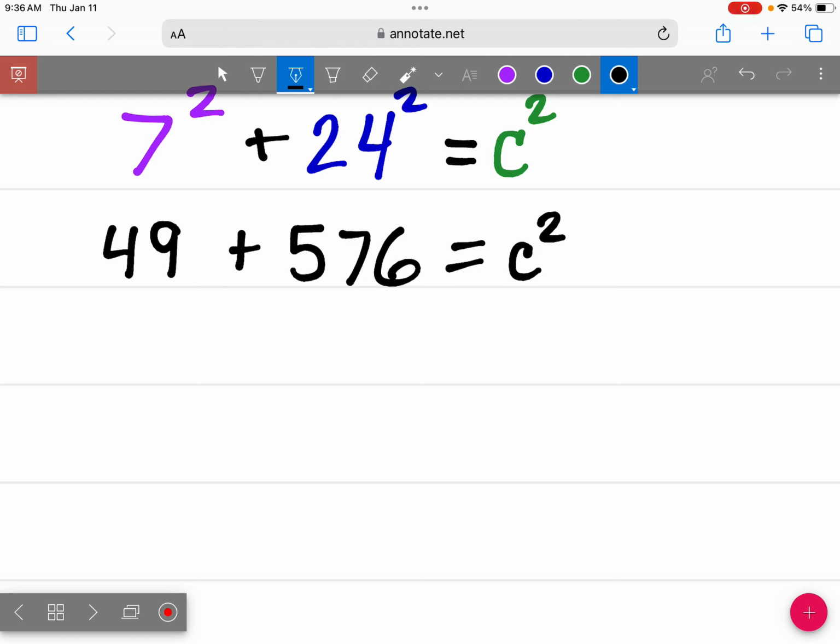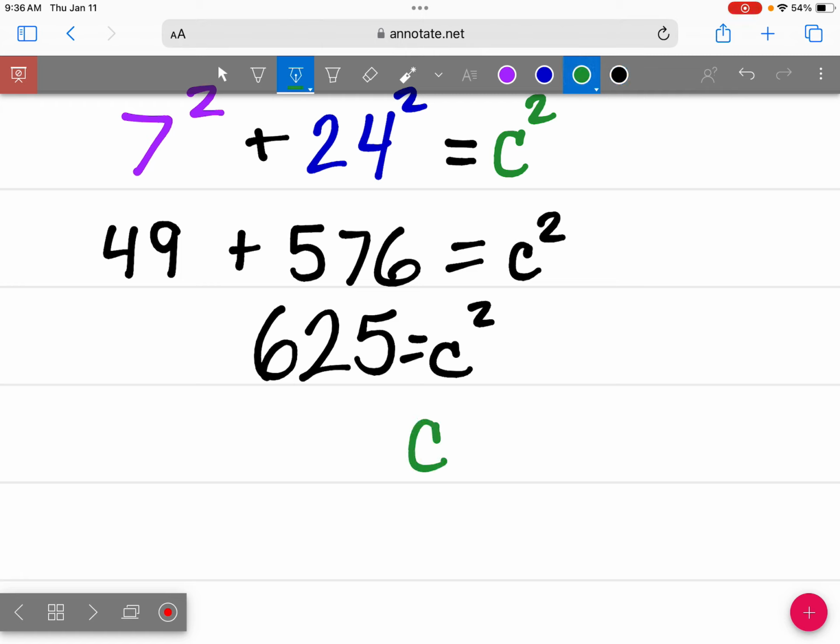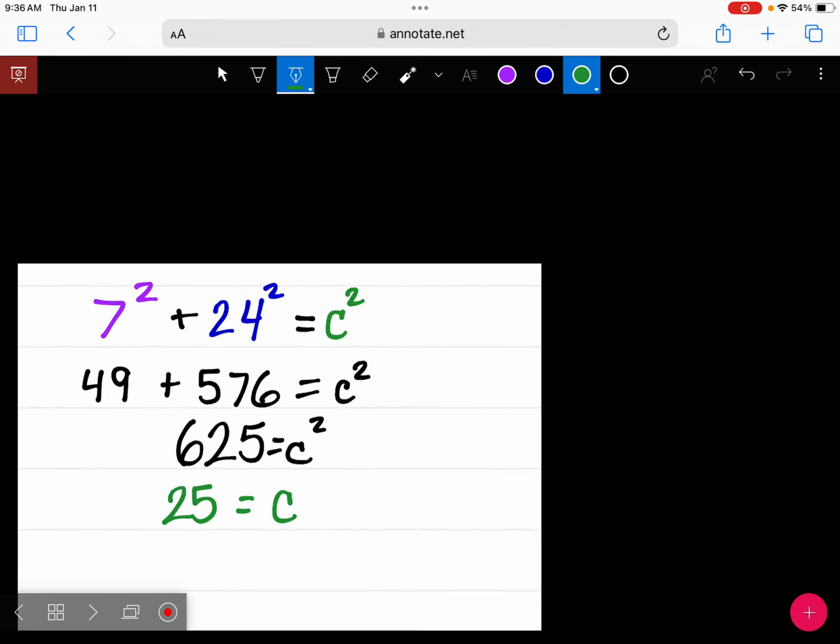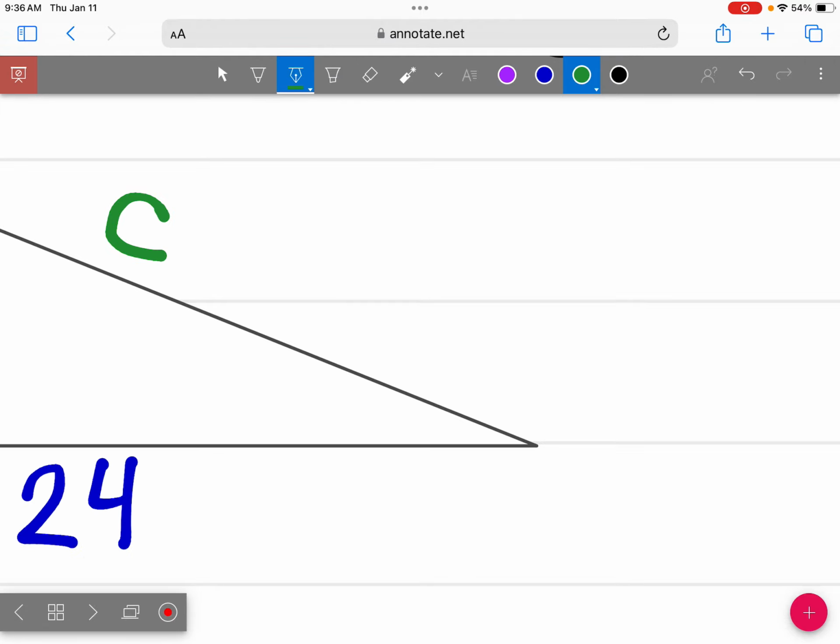Add those together and we get 625. So what does c equal? That one's a perfect square, so c equals 25.